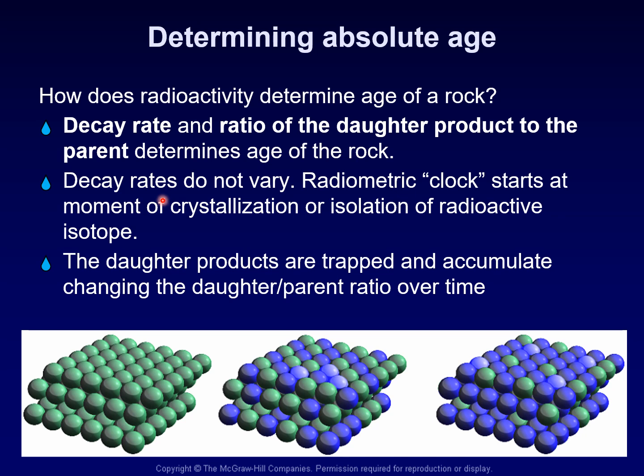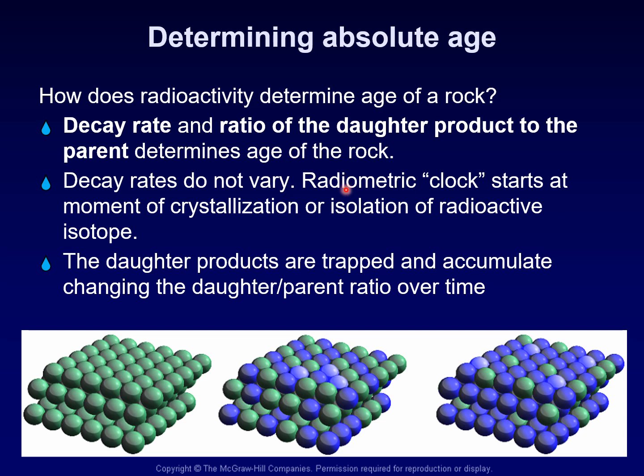Uranium-238 decays to lead-206 at a very consistent rate over millions, if not billions of years. It emits that radioactivity very systematically and precisely, like a clock. And so we call that the radiometric clock.